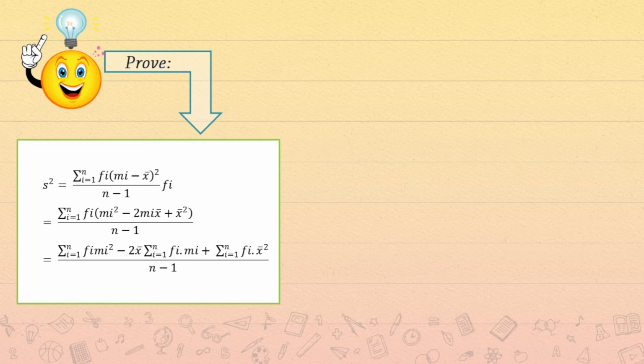Secondly and thirdly, expand the median minus the mean squared, then using sigma notation, we can write it as sigma frequency multiplied by squared median minus 2 multiplied by mean multiplied by sigma frequency multiplied by median plus sigma frequency multiplied by squared mean, divided by the sample size minus 1.